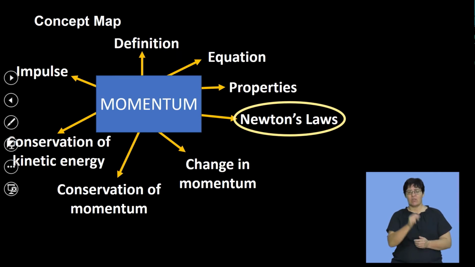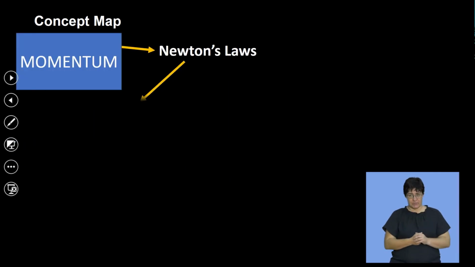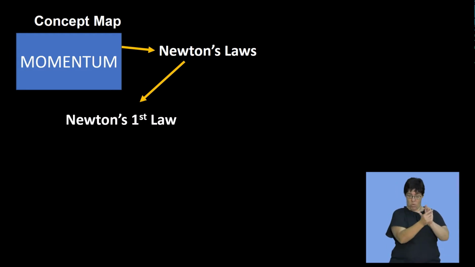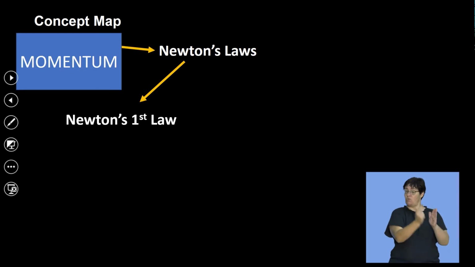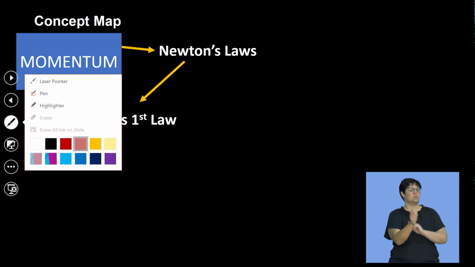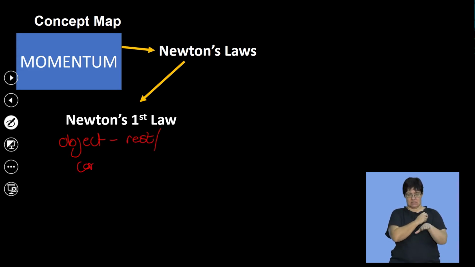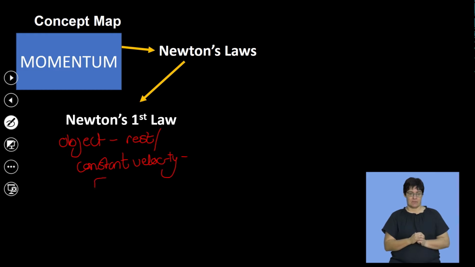Let's look at Newton's laws. The one we're specifically talking about is Newton's first law. And remember, Newton's first law, and I'm just going to write it as a sort of summary, is the one that says that an object will be at rest or at constant velocity when the resultant force on it is 0.